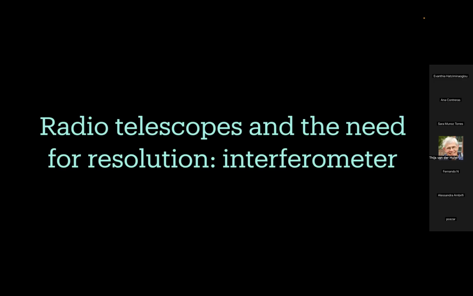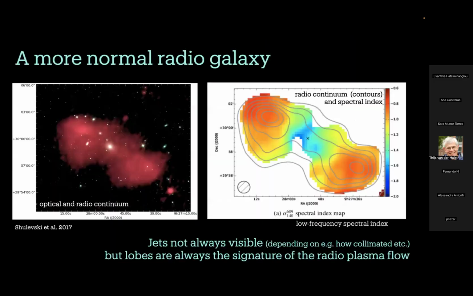You were mentioning age of electrons. Yeah. What does that trace in physical terms? So it traces the age of the last reacceleration of the electrons. Think, for example, in this object, this is where the core is, the black hole, the AGN. There will be two jets, you don't see here.